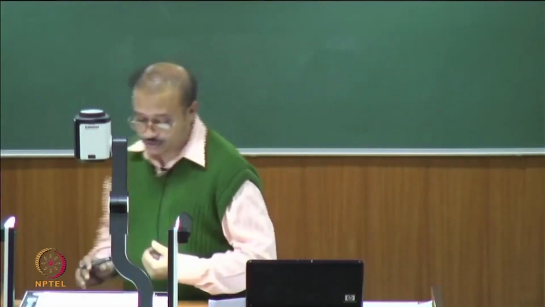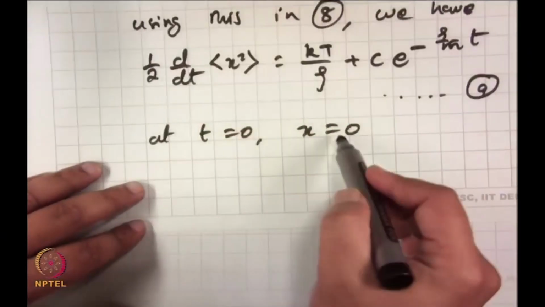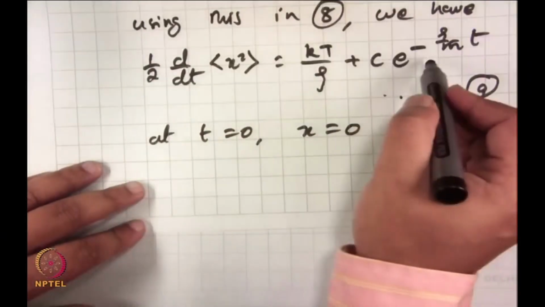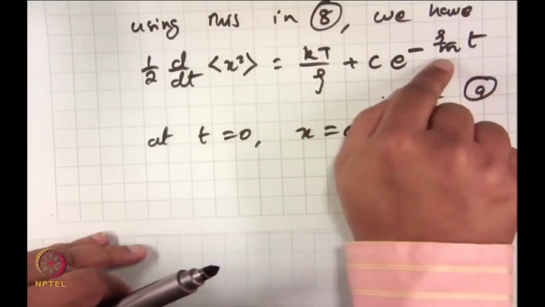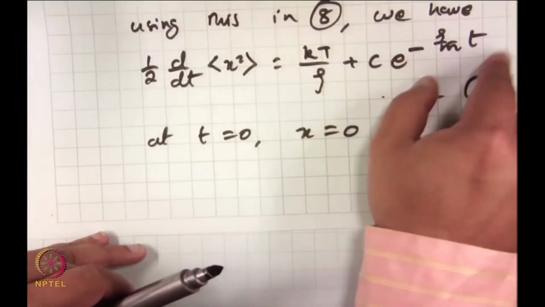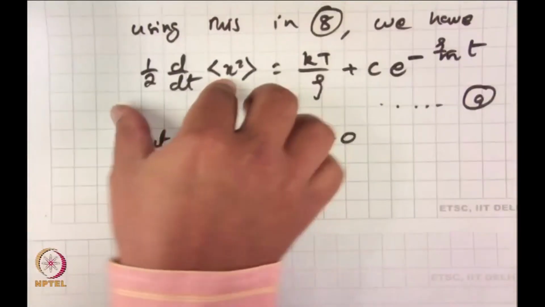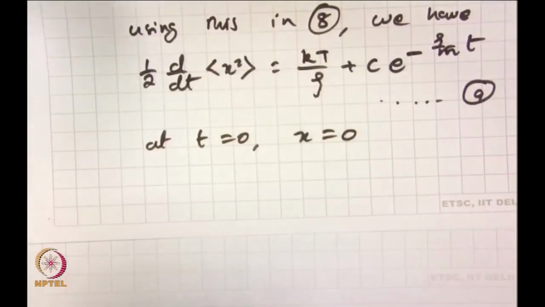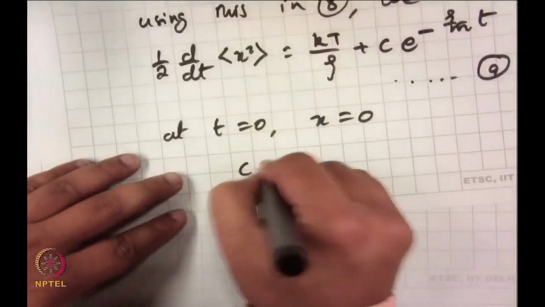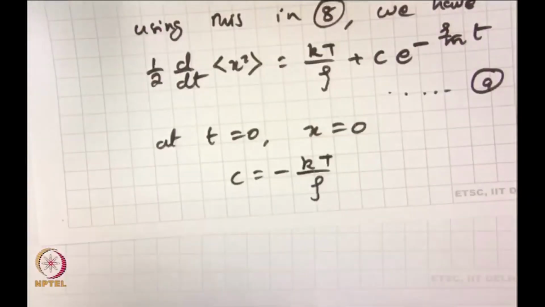So if x is 0 at t equal to 0, this exponential factor goes to 1, so I am left with c, and on this side we have 0. So c would be equal to minus kt over xi.